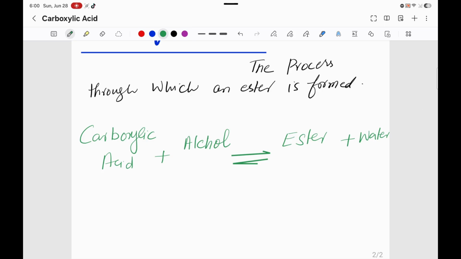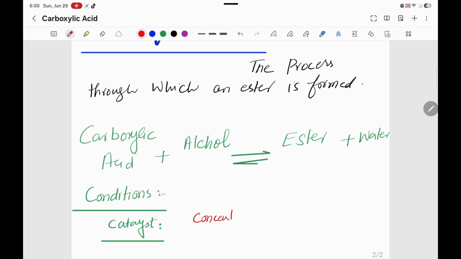What are the conditions for that reaction? Conditions are the presence of a catalyst and that catalyst is concentrated sulfuric acid.